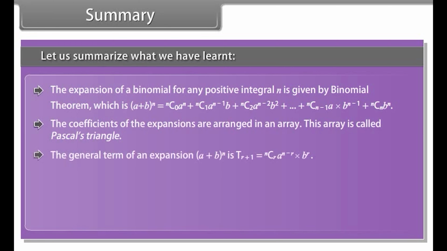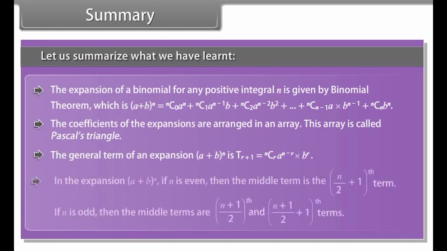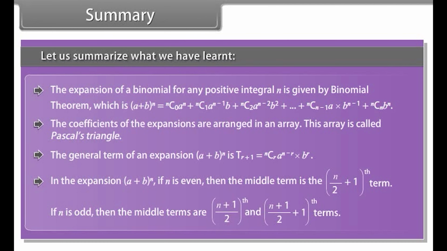The general term of an expansion. In the expansion (a + b)^n, if n is even, then the middle term is the (n/2 + 1)th term. If n is odd, then the middle terms are the (n+1)/2 th and the ((n+1)/2 + 1)th term.